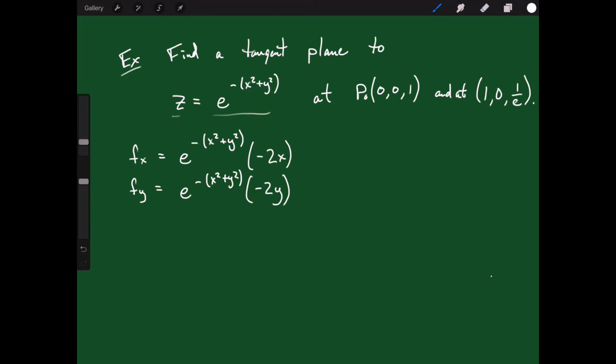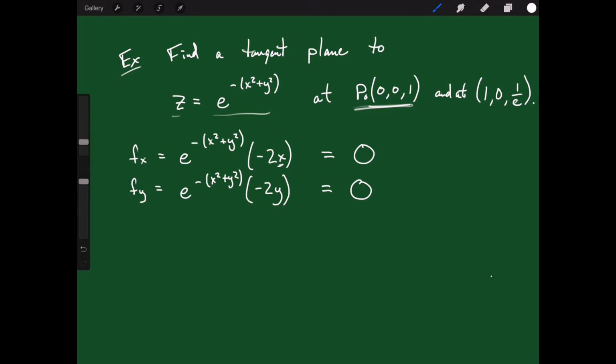Okay. Now we need to evaluate those at the point. So right now we're working with the point 0, 0, 1. Well, if I'm working with the point 0, 0, 1 at P0, then what do I get over here when I plug in 0, 0, 1? Well, if x is 0, then the partial of f with respect to x is just 0 because I have this x right here. And if y is 0, I also get 0.